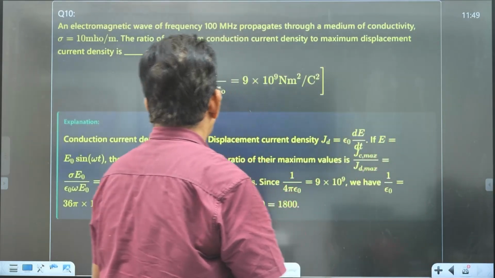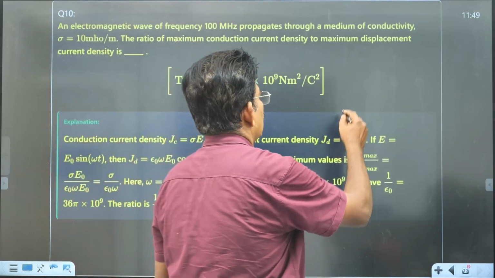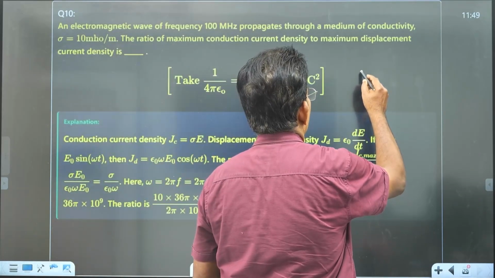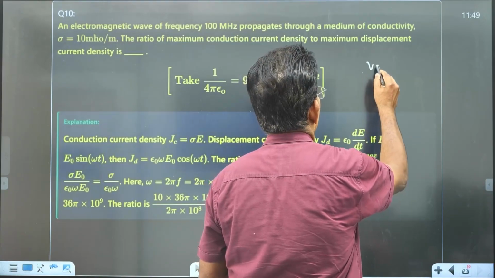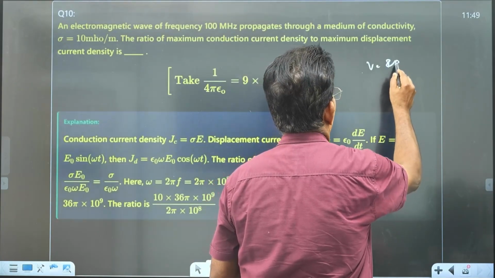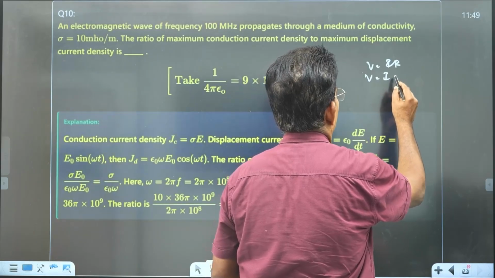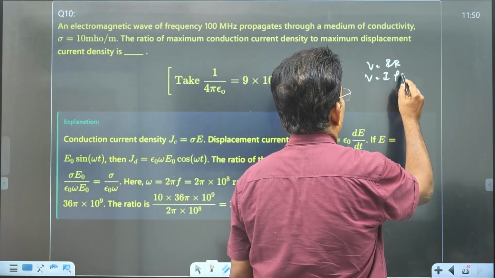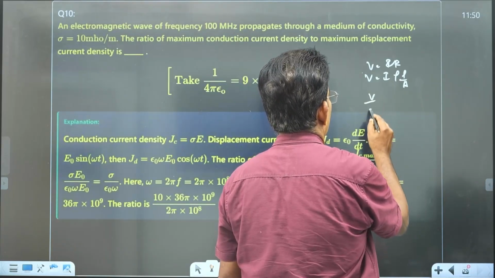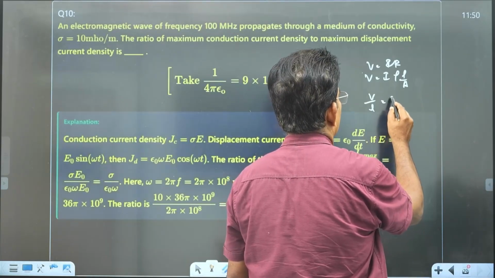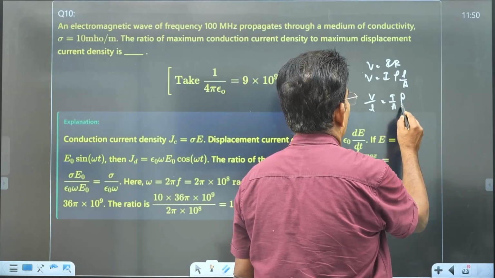According to Ohm's law, V is equal to IR. R will be rho into L by A. So V by L is equal to I by A into rho.